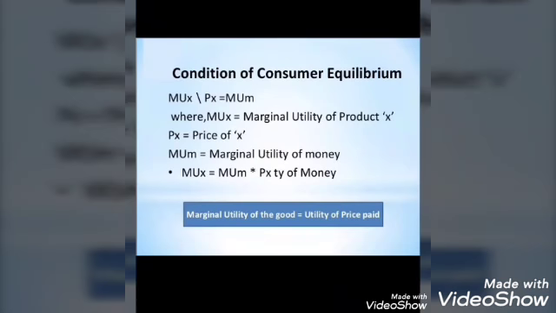So for consumer equilibrium there are some assumptions or conditions also. The assumptions: the utility can be expressed in cardinal numbers like 1, 2, 3, 4. That means if we purchase more and more products, we can express it according to cardinal numbers: number 1 goods, second number goods, third number goods.